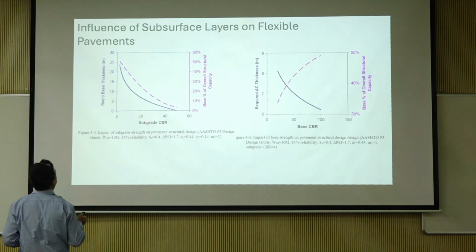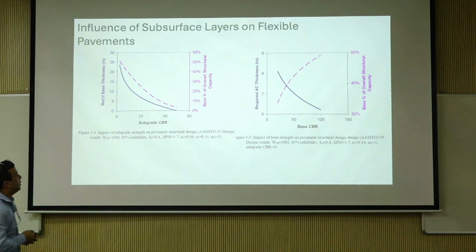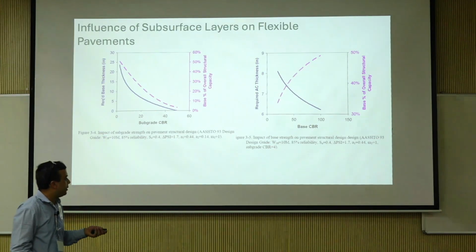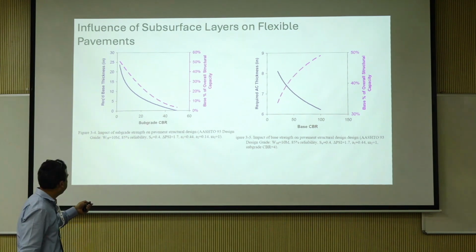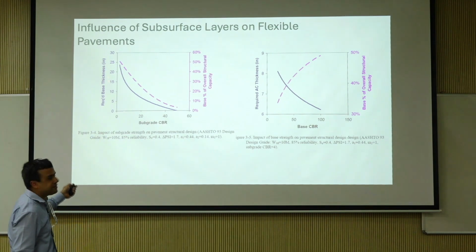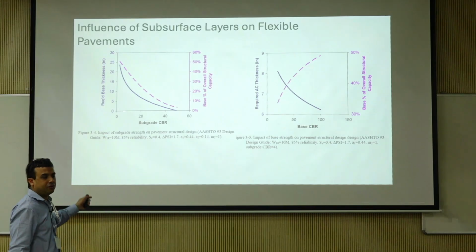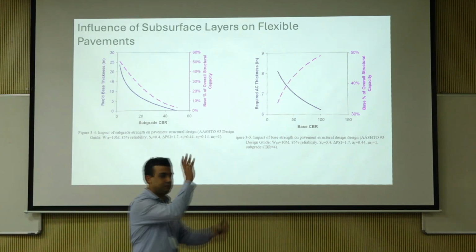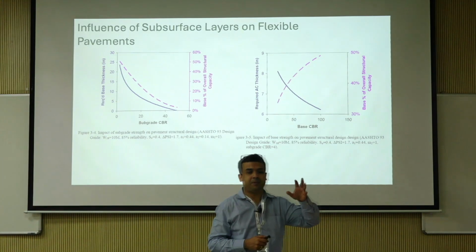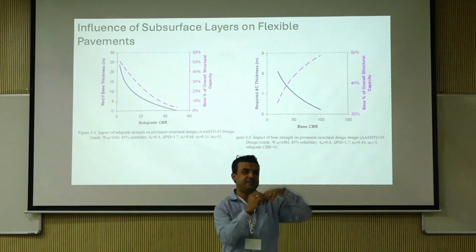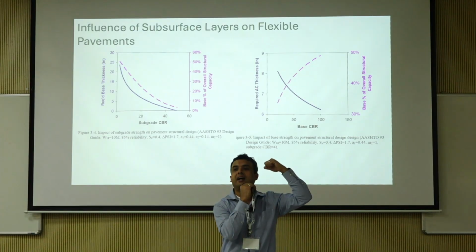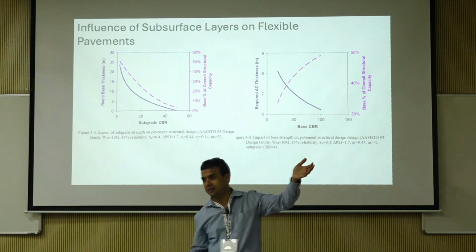This is actually an interesting plot from the AASHTO 1993 analysis. This is subgrade CBR versus required base thickness. If you don't remember AASHTO 1993, maybe you should review. You put in a subgrade stiffness and you basically calculate the structural number required to protect the subgrade, right?